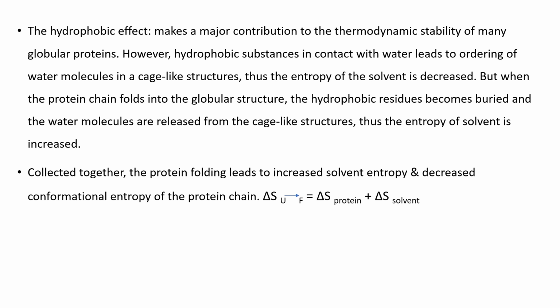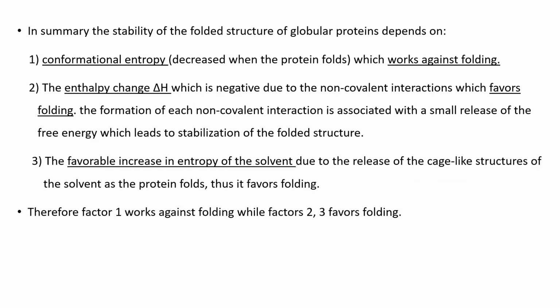So the total entropy change from the unfolded protein to the folded protein will equal the delta S of the protein itself plus the delta S of the solvent. In summary, the stability of the folded structure of globular proteins depends on, first, the conformational entropy, which is decreased due to protein folding, and thus it works against folding.